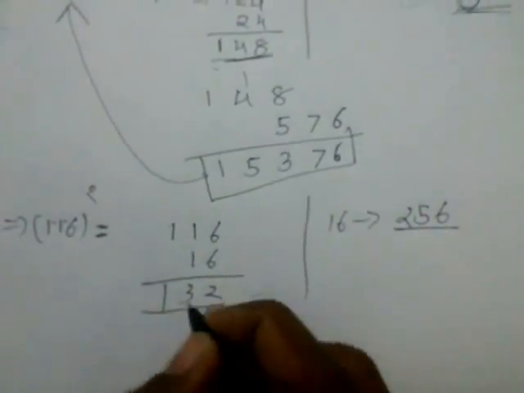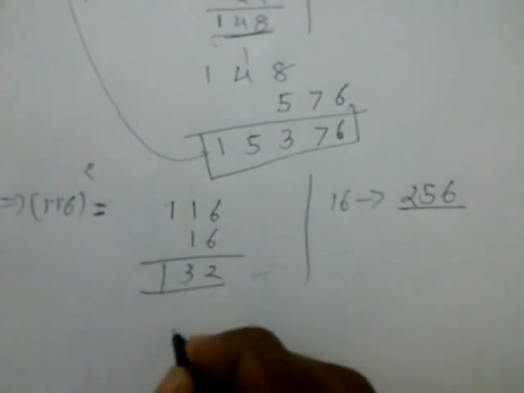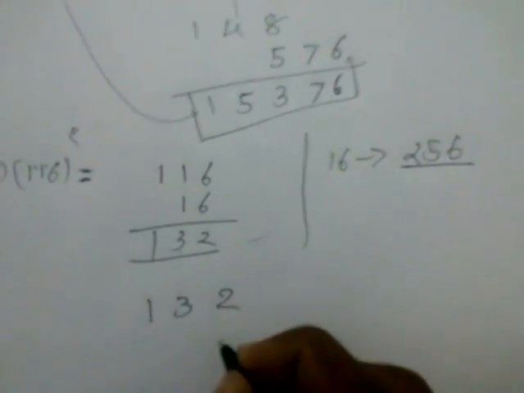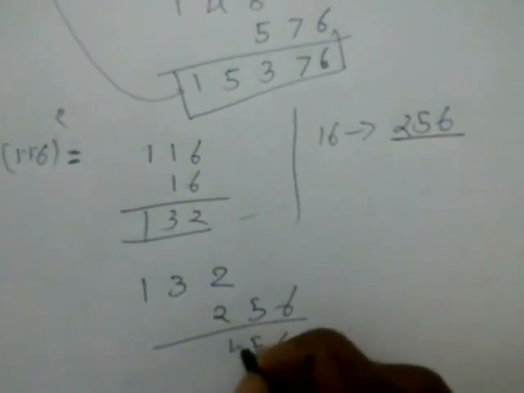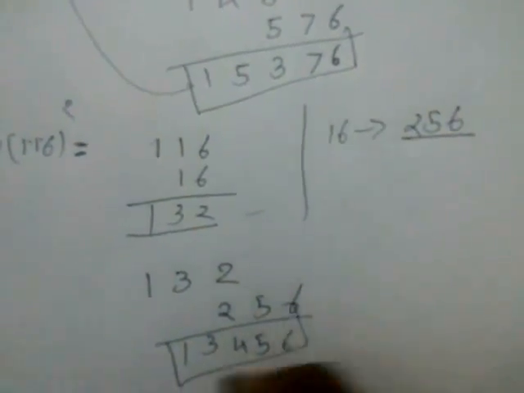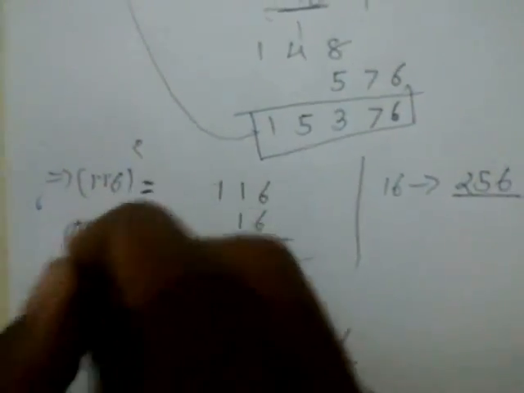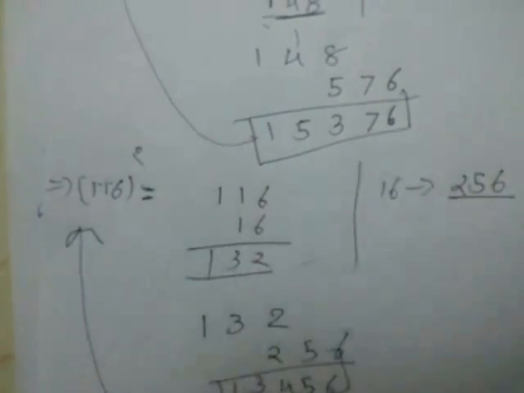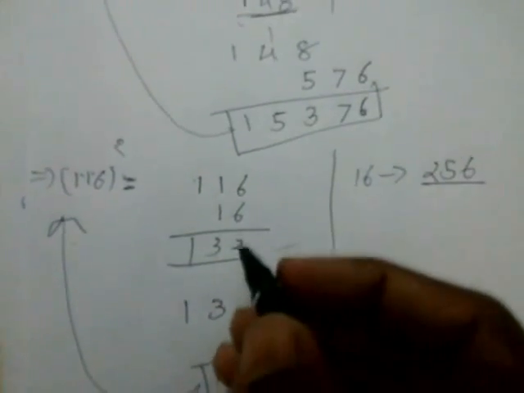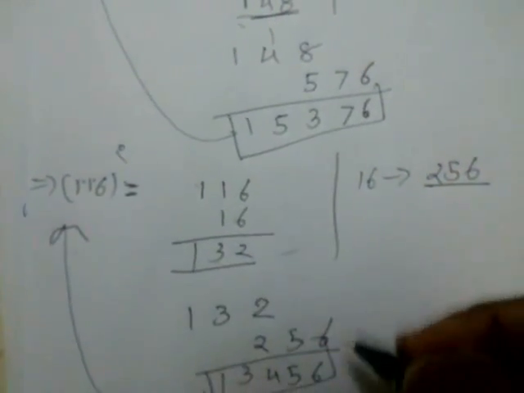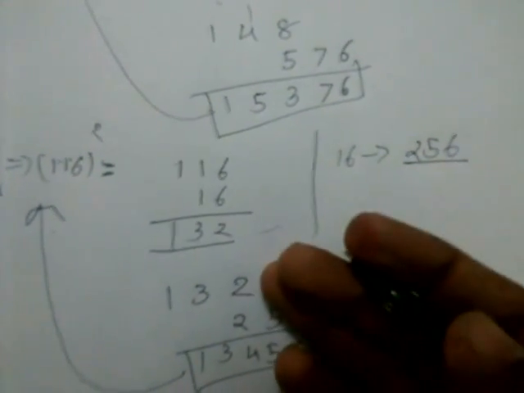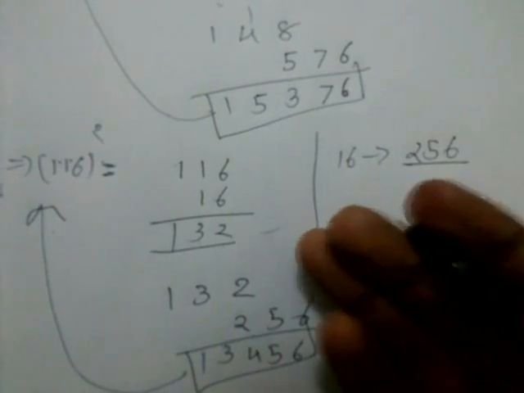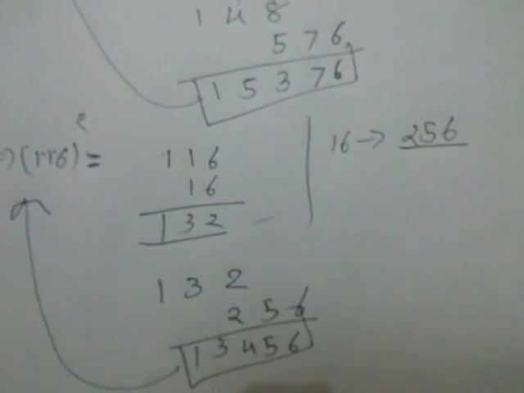So making the combination of 132 and 256, we get 13,456. That is the answer for 116 square. See how easy it is to find the square of 3-digit numbers. We found it within a fraction of a second, I guess in 5 to 7 seconds.